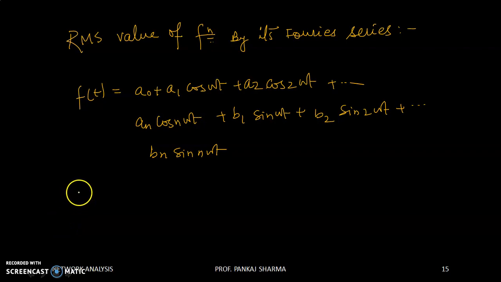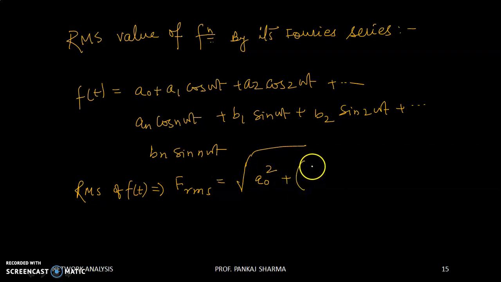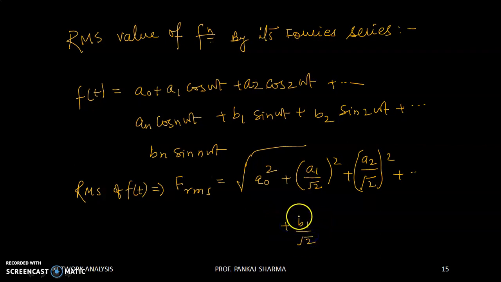Therefore, the RMS value of f(t) is given as F RMS is equal to under root a0 square plus a1 by under root 2 whole square plus a2 by under root 2 whole square plus dot dot dot plus b1 by under root 2 whole square plus b2 by under root 2 whole square.